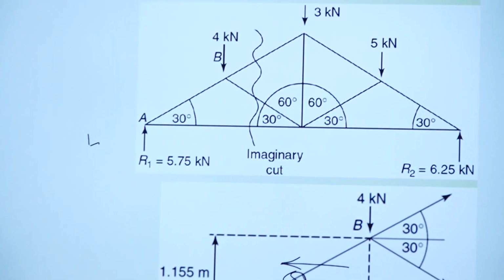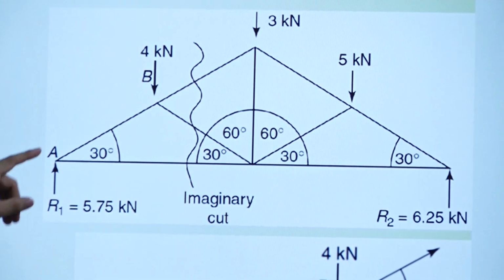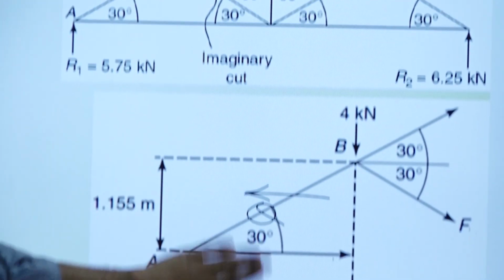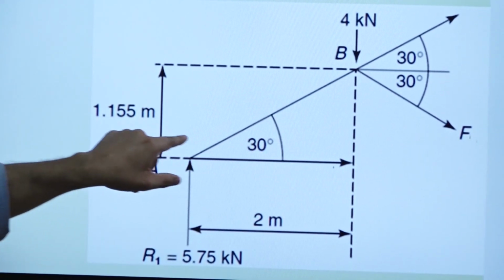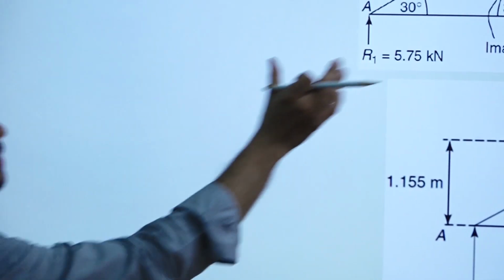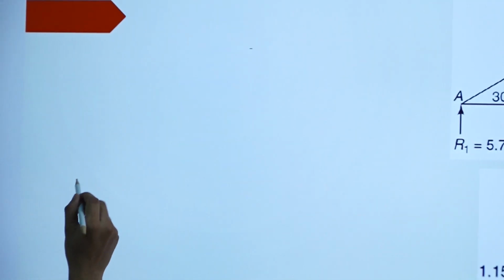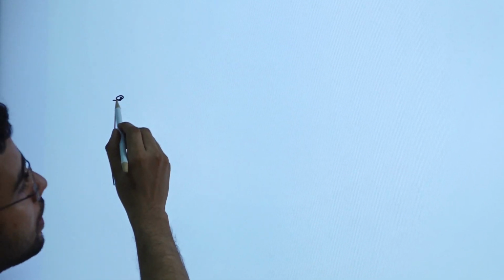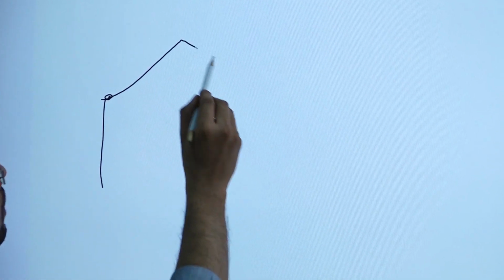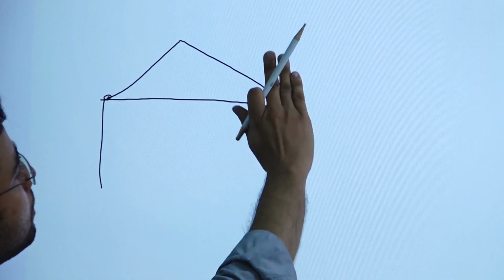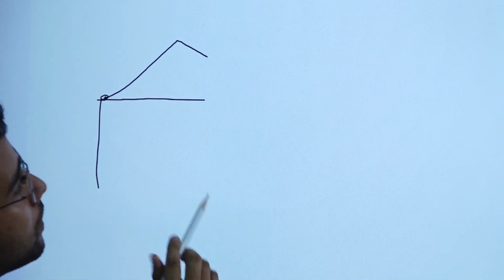As you can see here, I have done the same. I have cut this part into 2 and then made the free body diagram. I am going to make this free body diagram again for you. So take this part out, the left part. When you take the left part out, this won't come.